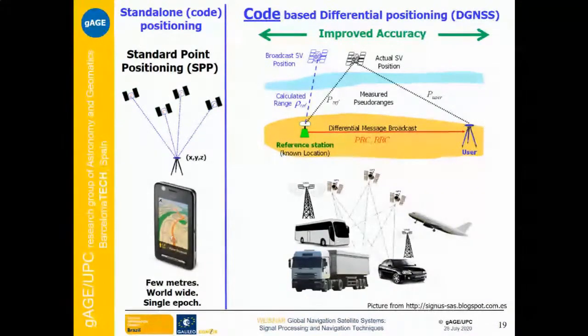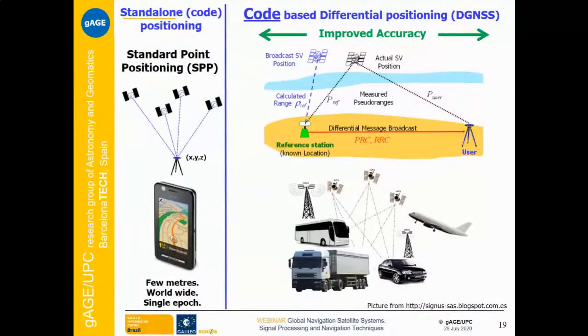So, in order to summarize what we have seen until now, we have two worlds, we have two approaches so far. Both are using the code. One, depicted on the left-hand side of the slide, is the standalone, what is generally called standard point positioning, SPP.